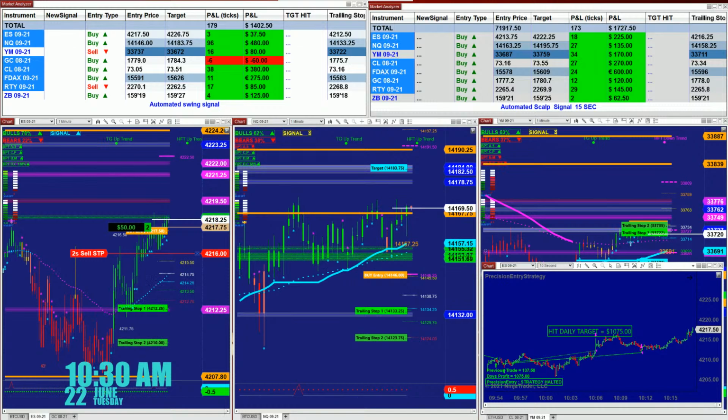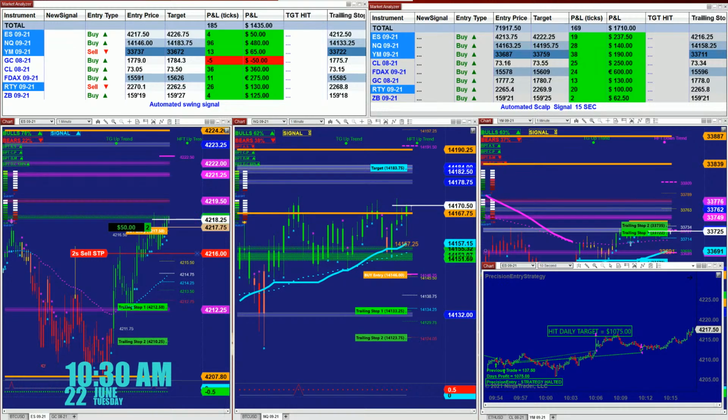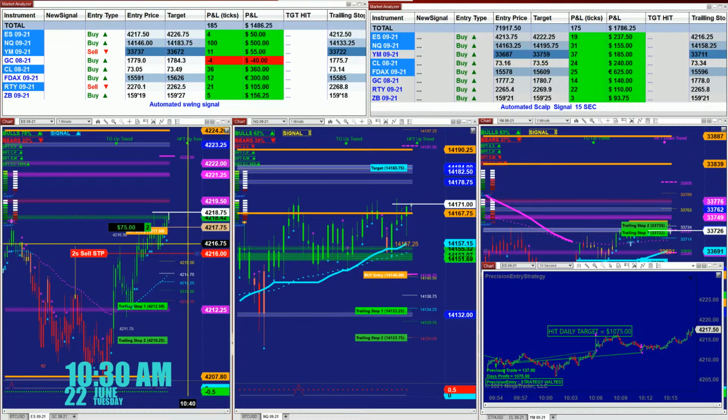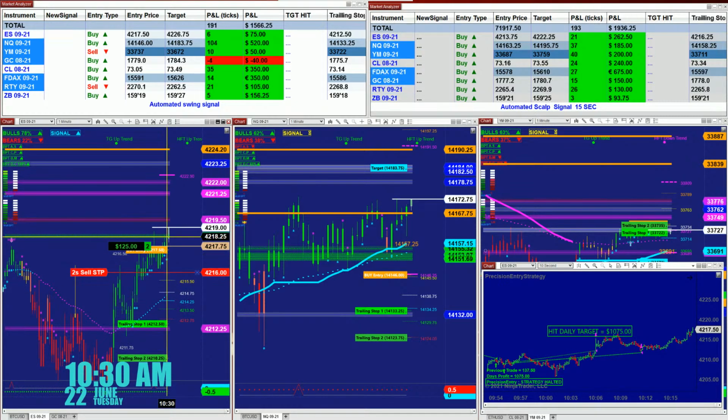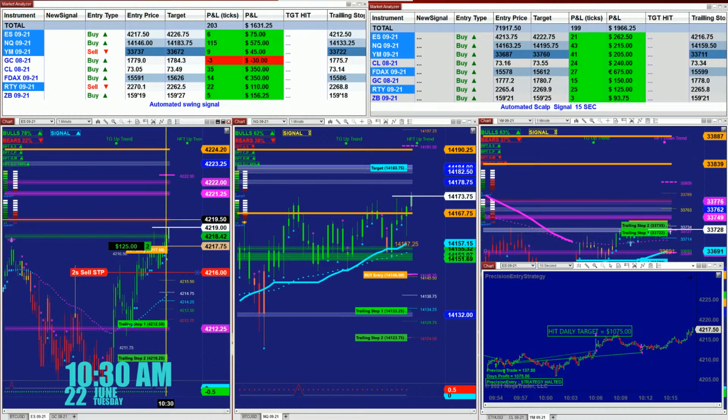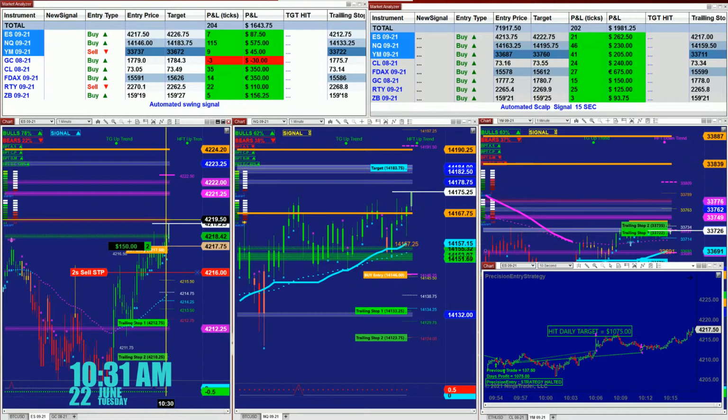Then they come back. So what I'm saying is, as you see here, the ES is struggling at 42.18.25. And that is the end of the story. Now, if the ES broke that area, he's going to start tango dancing with 42.19.